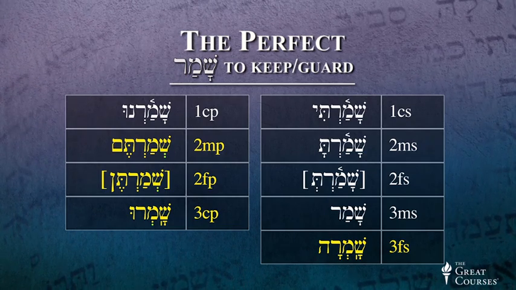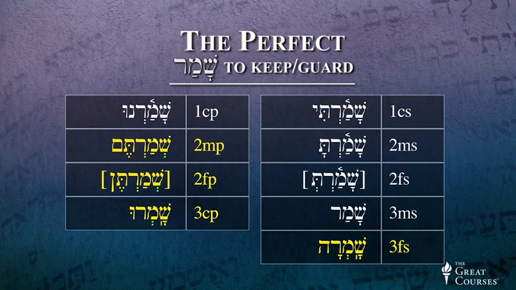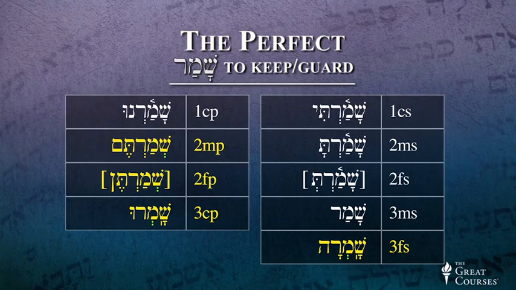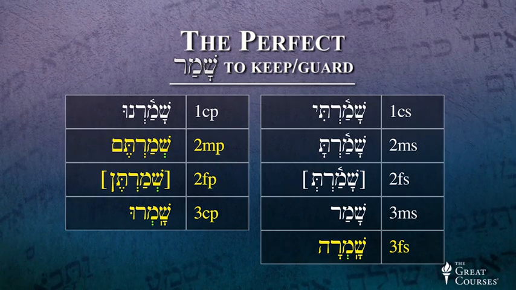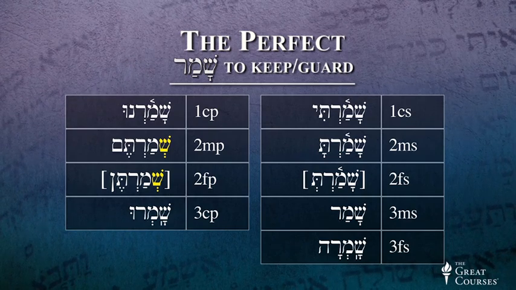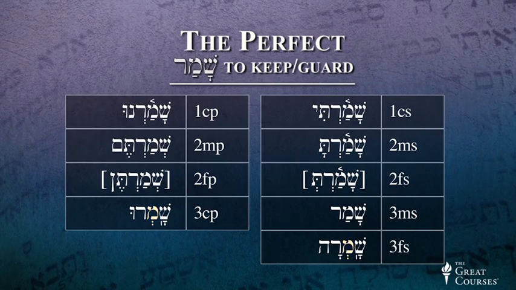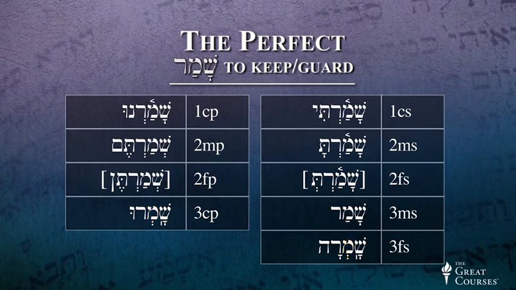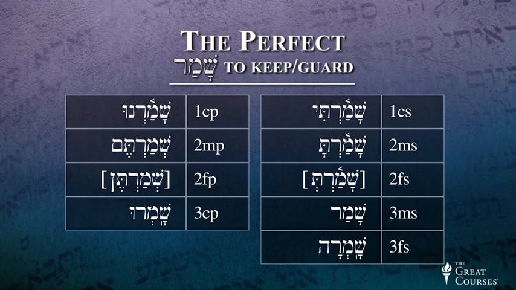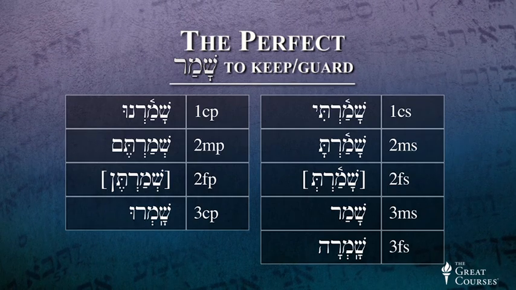Those shvas, which do indicate a tiny little vowel sound, if they are under a guttural letter, they have to be a compound shva. In the second person ones, the shva is under the shin, the first radical. In the third person ones, the shva is under the second radical, the mem. So first gutturals will have 2 forms that are not like the strong verb, and second gutturals will have 2 different forms that are not like the strong verb.